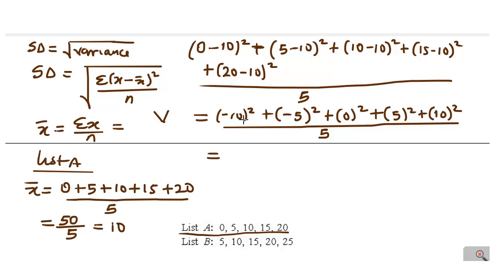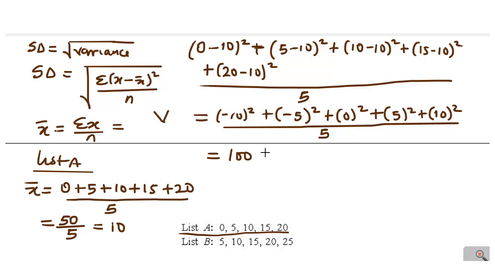So the variance: minus 10 squared will give us 100. Perhaps somebody is asking, how come? Minus 10 squared is the same thing as minus 10 times minus 10. Minus times minus is plus, and 10 times 10 is 100. That's very important.